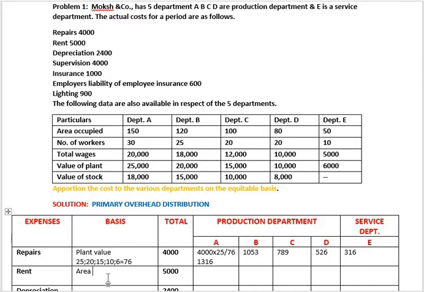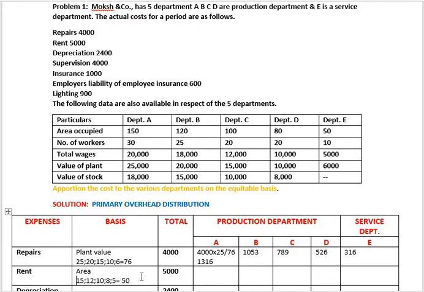Okay, so here the ratio we will get 15 is to 12 is to 10 is to 8 is to 5 we will get, and total we will get 50. So total is 50. So now rent is distributed using area, and basis of distribution is area.